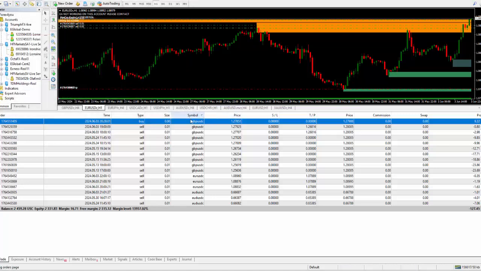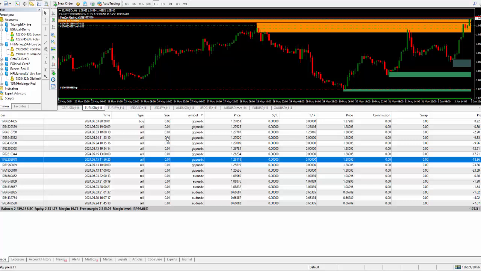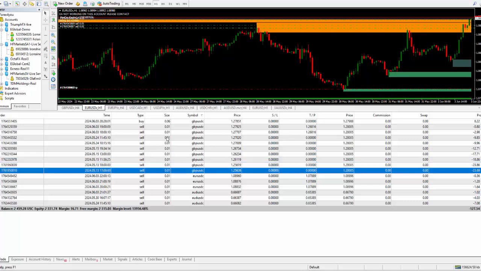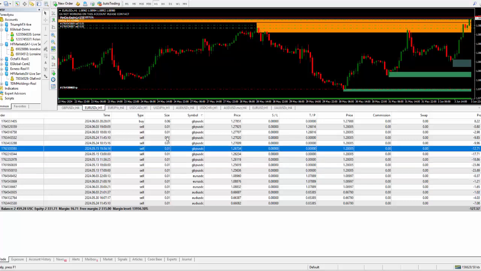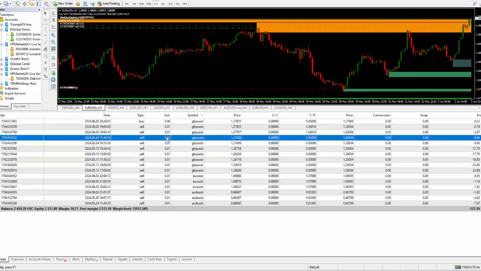Good. Now, if you look at it, we have 6, and we have 1, 2, 3, 4, 5, 6, 7. That means I'm the one making a mistake here. Let me see which robots play this, because robots will give us the ID.